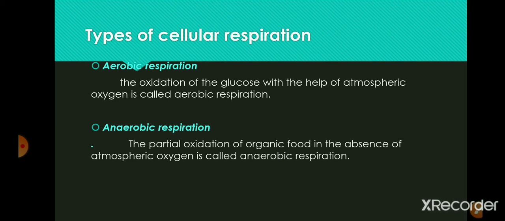Mostly one glucose molecule, with the help of the Krebs cycle, produces 38 ATP molecules or energy molecules, and the waste product, that is carbon dioxide, CO2, which is exhaled by the body system. Next one is anaerobic respiration. Anaerobic respiration is a process which takes place in the absence of oxygen gas.